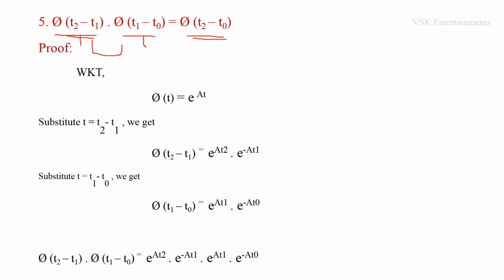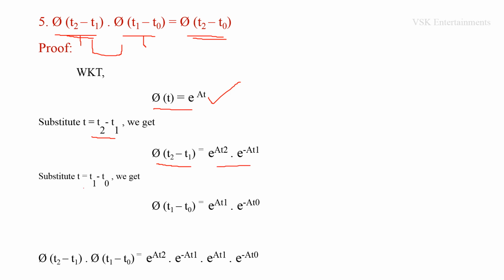For that, first consider the expression for the state transition matrix, that is Φ(t) = e^(At). In the first case substitute t = t2 − t1, and by substituting that we get Φ(t2 − t1) = e^(At2) into e^(−At1).